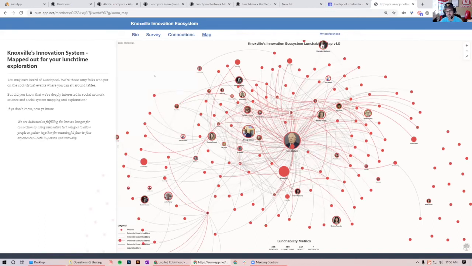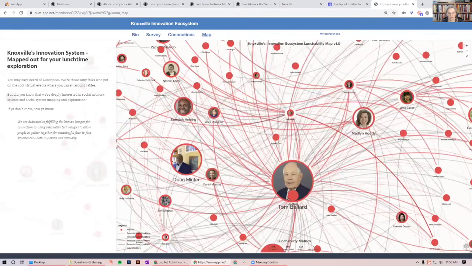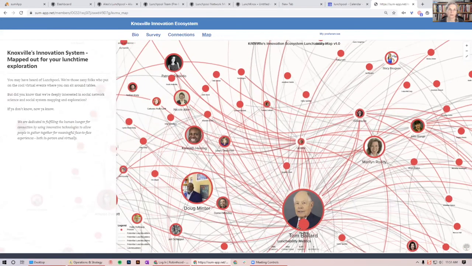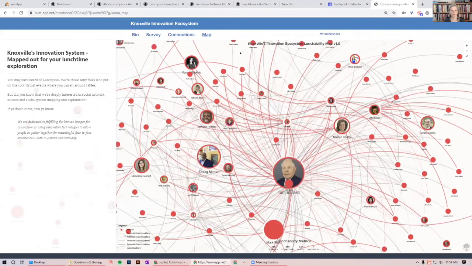Yeah, good questions. I'll add just a little to that. I don't know if I've done 100 of these, but I've certainly done several dozen maps in different contexts. And it really depends on the context and the network and the goals of the network.